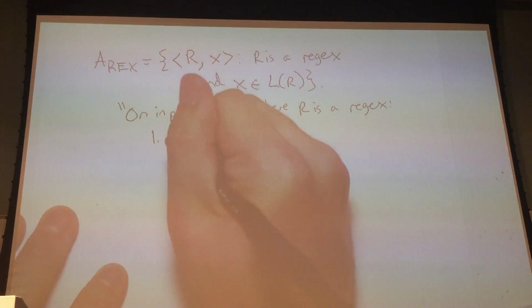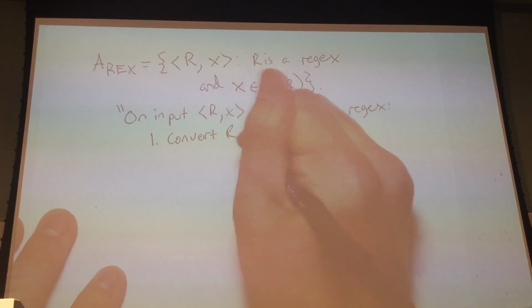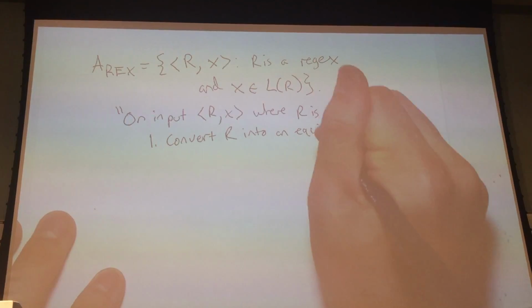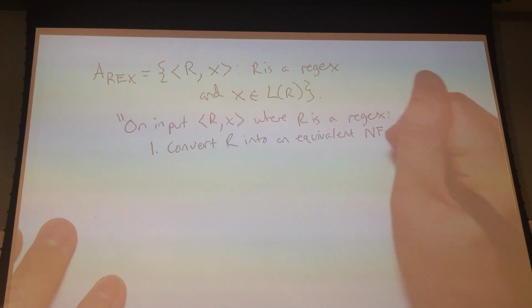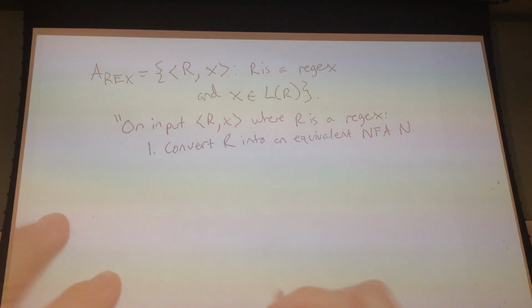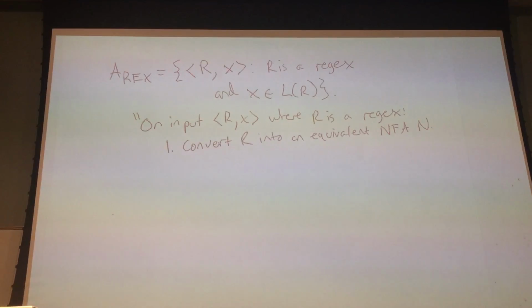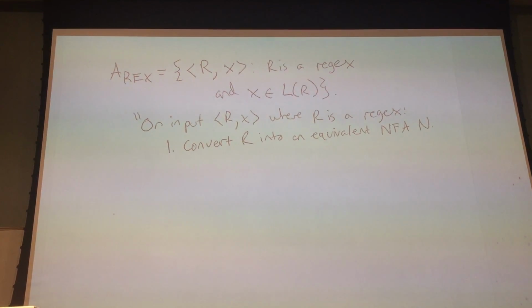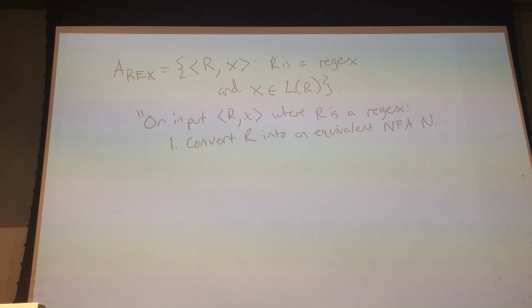So the first step is, as was suggested, convert R into an equivalent NFA, which I'm going to call N. Oh shoot, now I have to convert it to a DFA and then ask A DFA for whether it accepts or rejects, right?